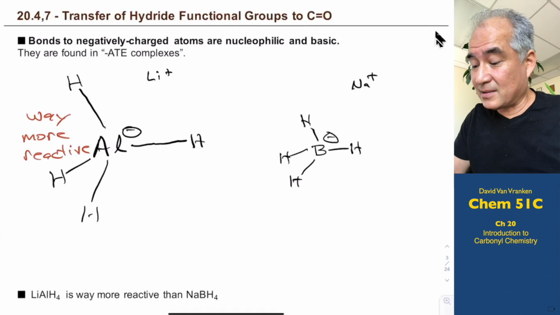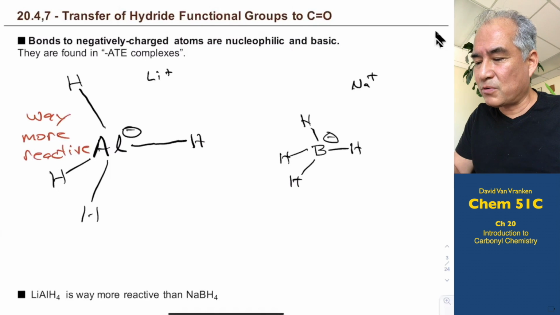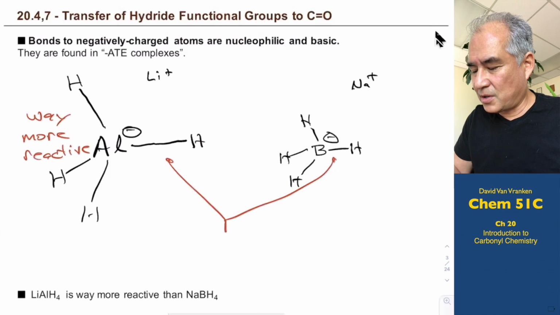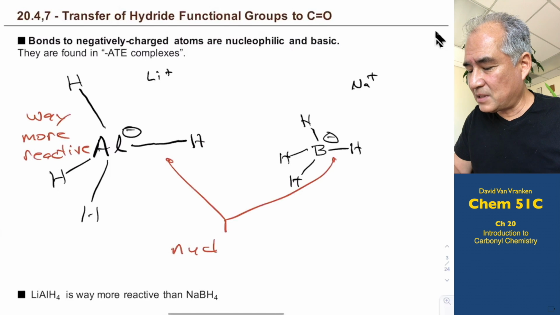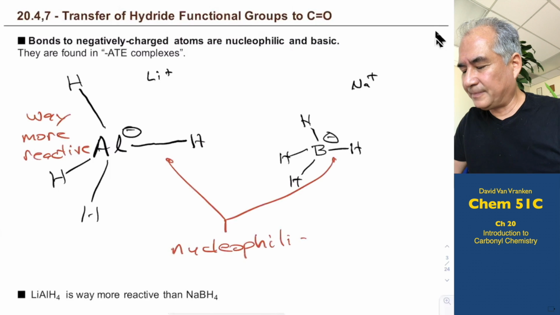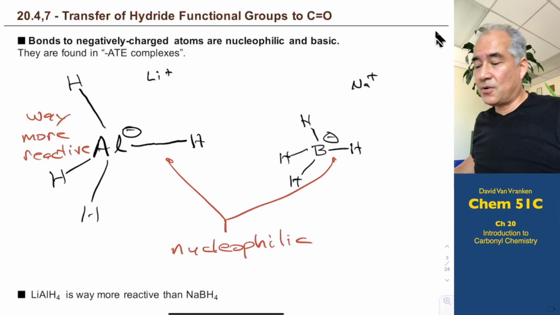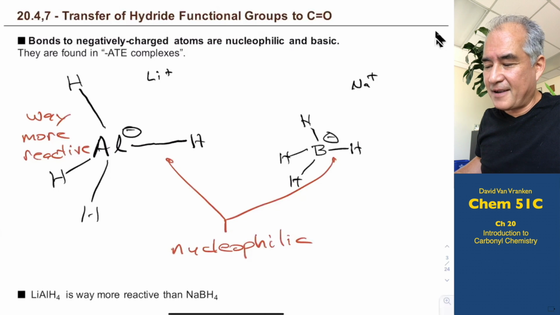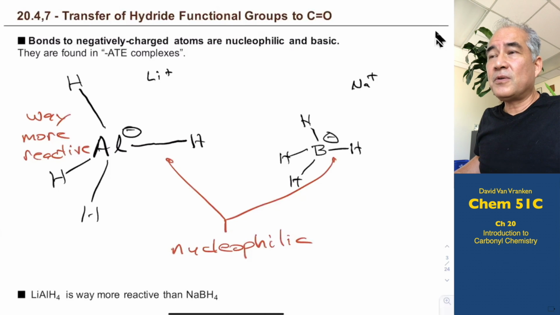And these H atoms, these hydrido groups, are going to want to attack things. So let me go ahead and just draw this out here that we're trying to focus on these bonds. Those bonds are nucleophilic. The bonds themselves are nucleophilic, and it's the H's that are going to be attacking things. Okay, so here's two reagents that you haven't seen used before as nucleophiles, and these are going to be total money for you.